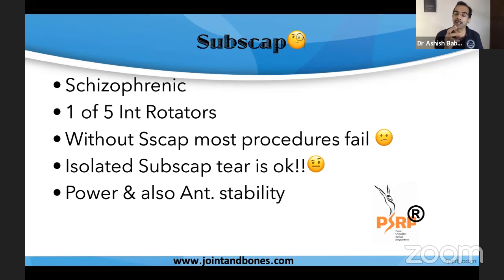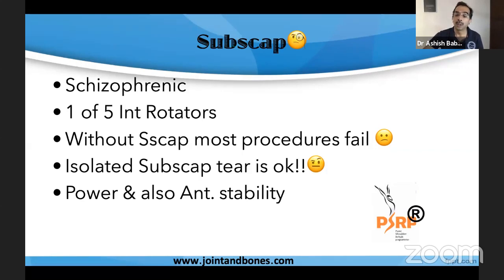So I offer a great deal of respect to the subscapularis, and it's very important to address it. There's a very interesting thought about whether we should strengthen the subscap or not. I shall discuss this at the end of my talk if I remember.